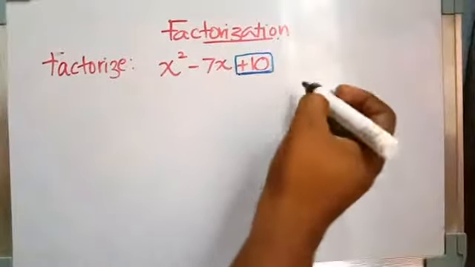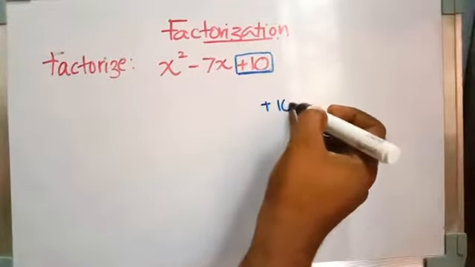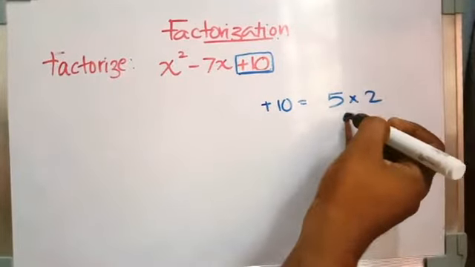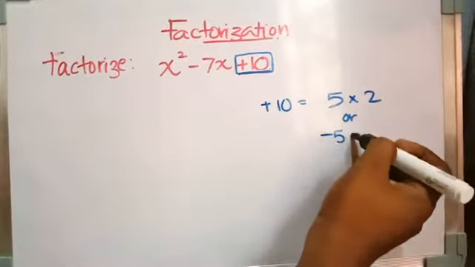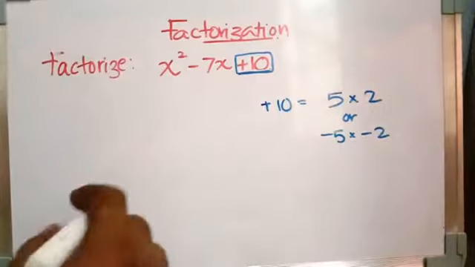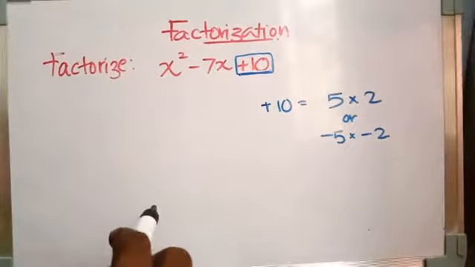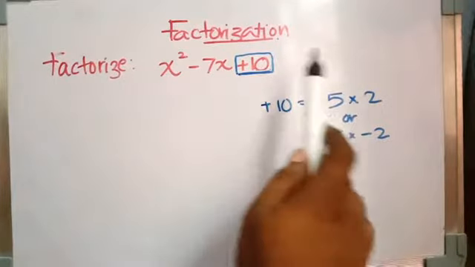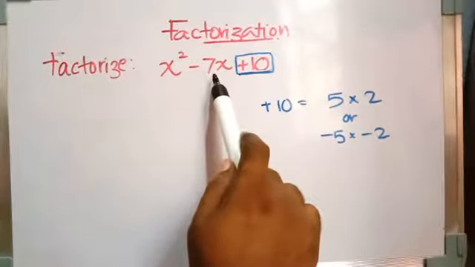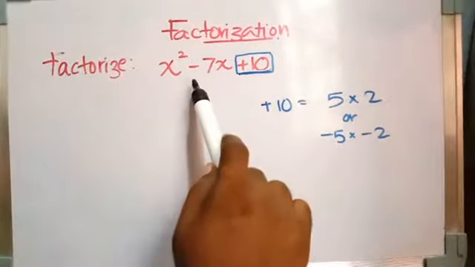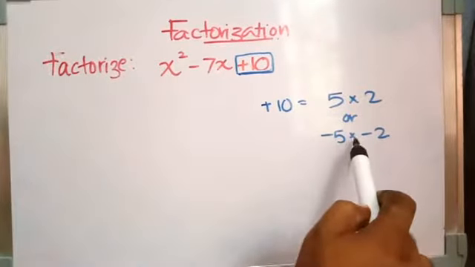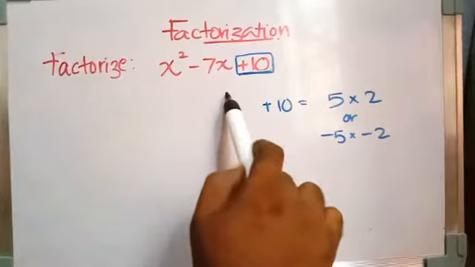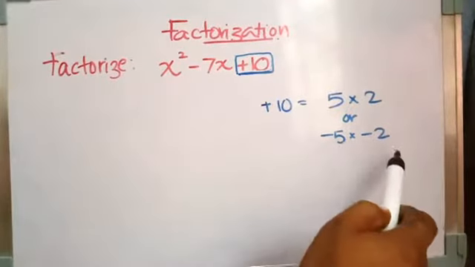So another option for plus 10 is 5 into 2 or minus 5 into minus 2. So when you take 5 into 2, it is 10, and 5 plus 2 is 7. As we want minus 7, we can take minus 5 into minus 2. So which are the numbers for minus 7? Minus 5 and minus 2.